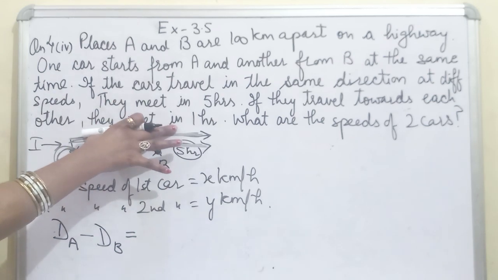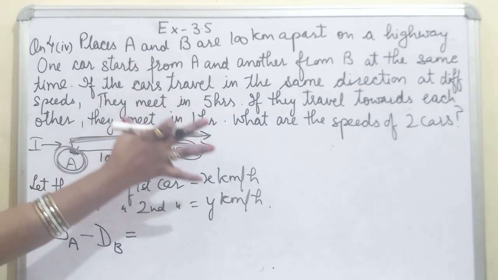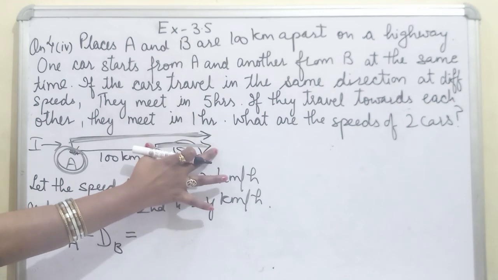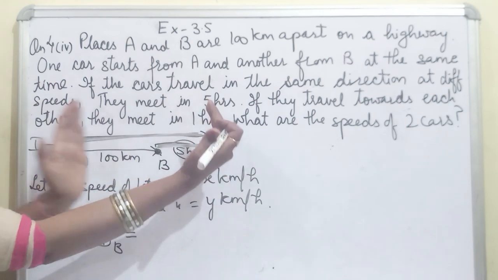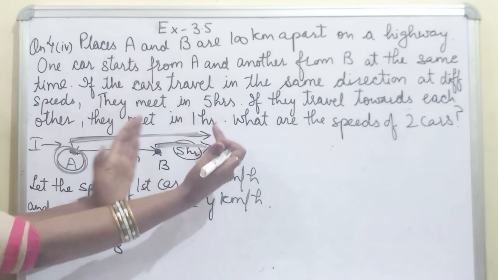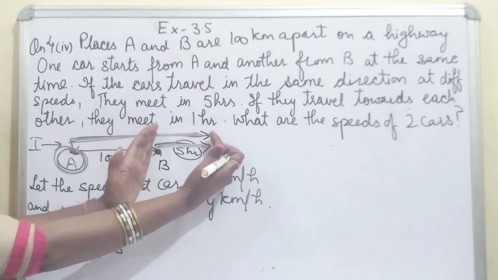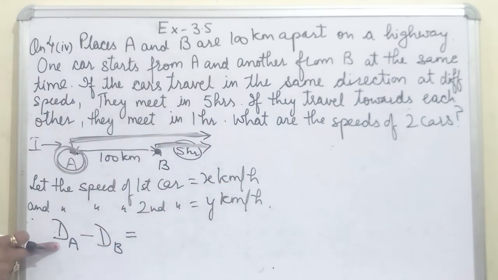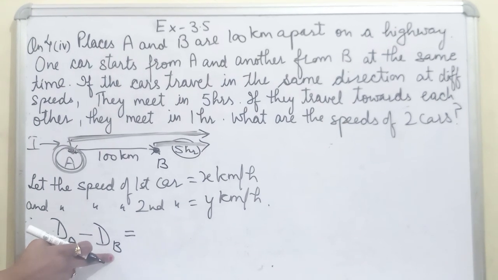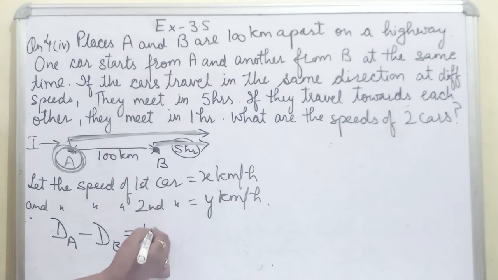Distance covered by the car A minus distance covered by the car B. If you subtract these 2 distances, what do you get? 100. So distance traveled by car A minus distance traveled by car B should be 100.